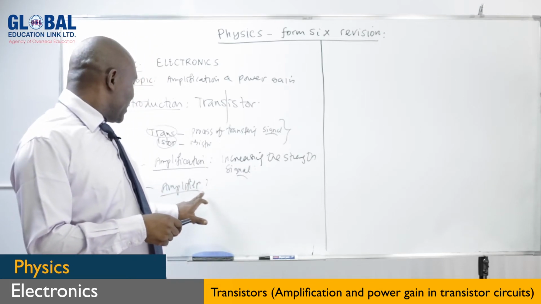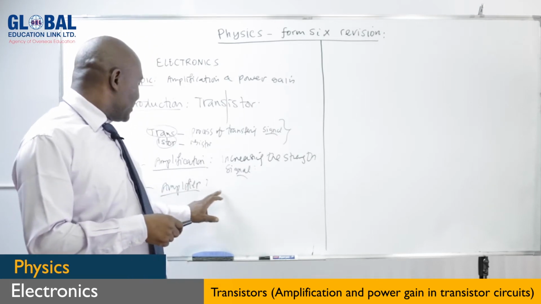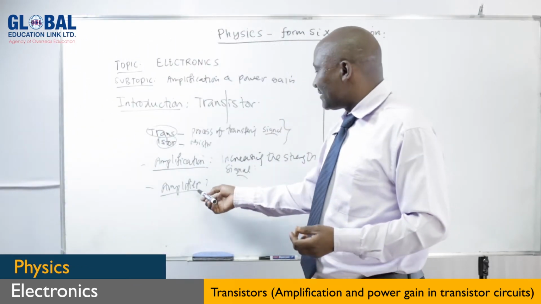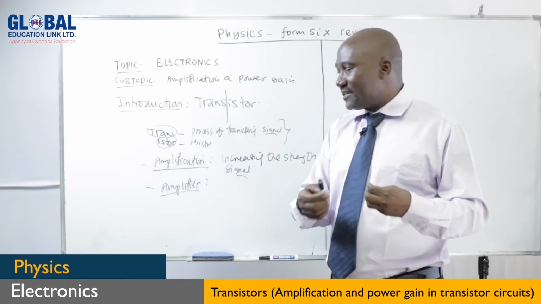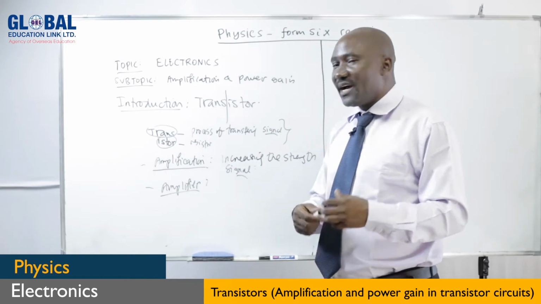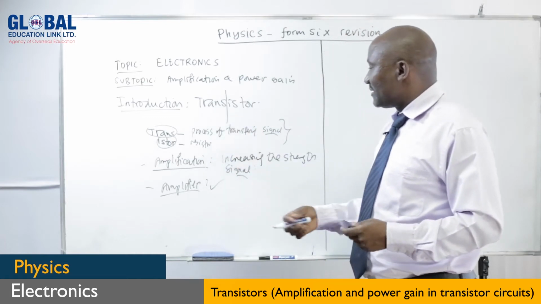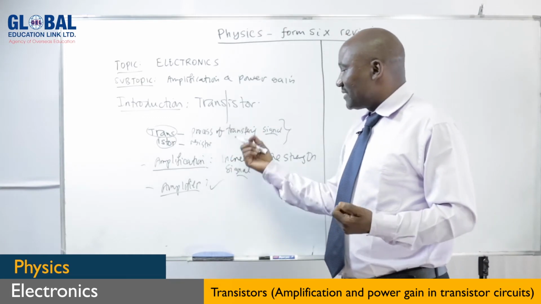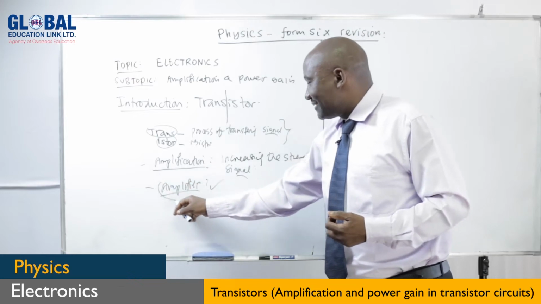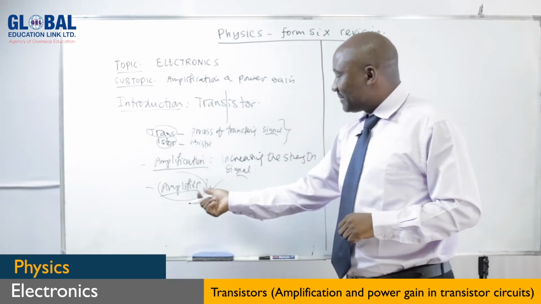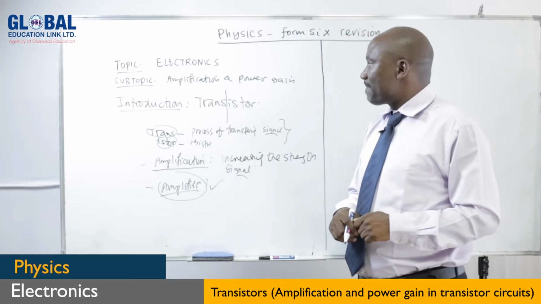Sometimes the device is used to combine the signals. After combining, it has to do with amplification, increasing the strength of those signals to be audible. It is used to make amplification, and by that name a transistor is sometimes known as an amplifier.